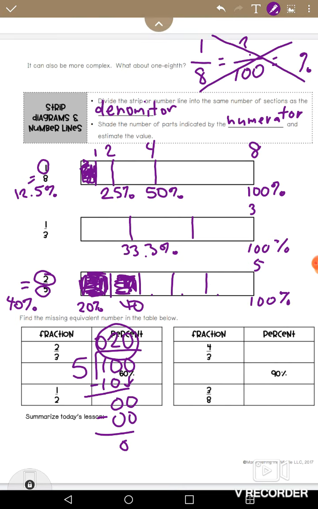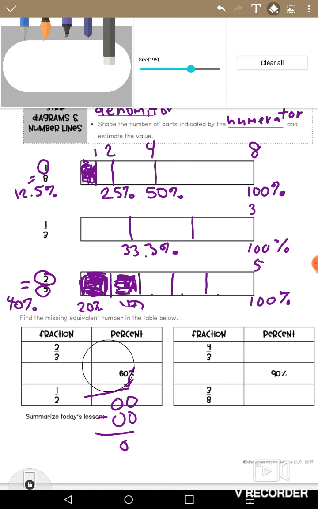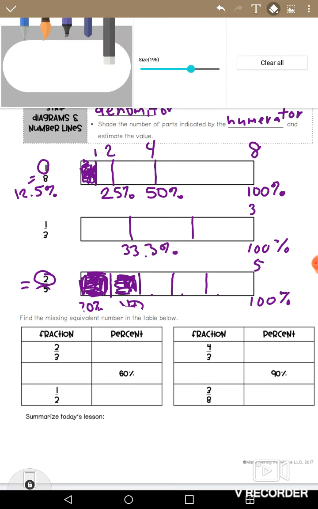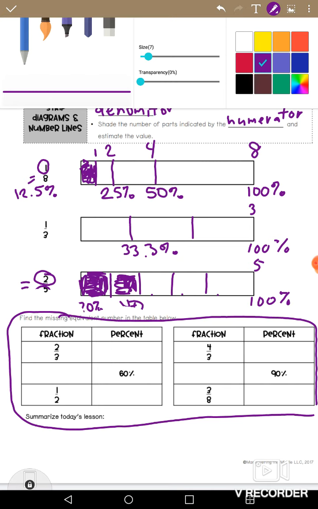Okay? All right. So now we have to look at these. This is a part of your homework. 2/3 equals how much percent?